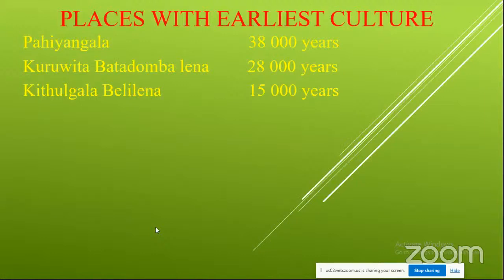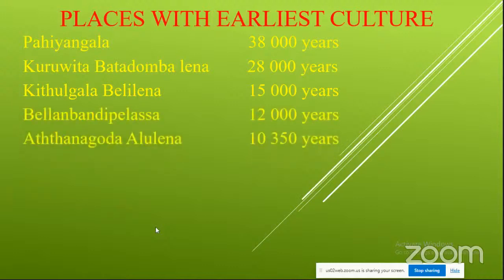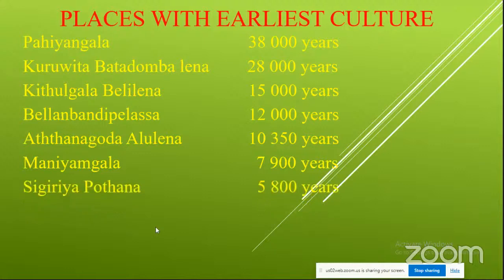Kuruwita Batatombalena, 28,000 years. Kitulgala Beli-lena, 15,000 years. Then Bellan-bandi Palassa, 12,000 years. Atanagoda Alu-lena, 10,350 years. Maniyangama, 7,900 years. Sigiriya Potana, 5,800 years. Sigiriya Aligala, 5,500 years.